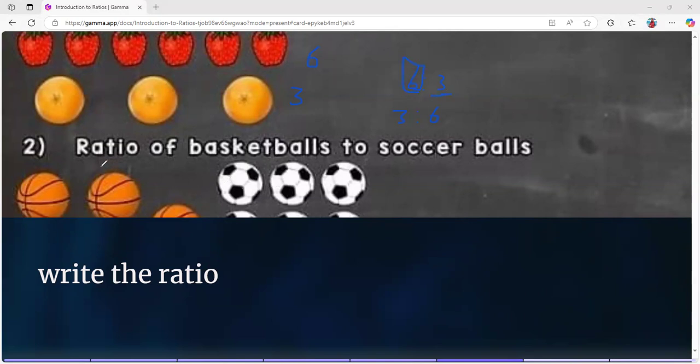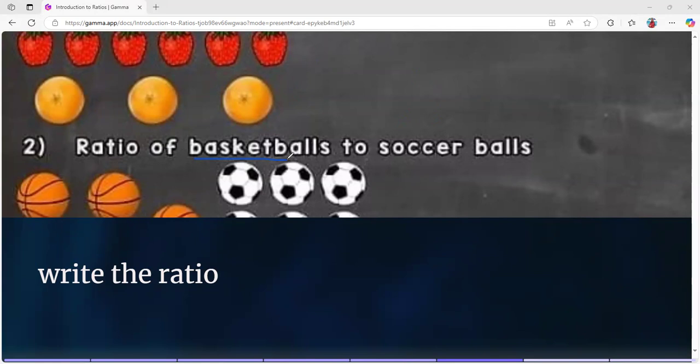Now, look at picture number 2. In picture number 2, there were 3 basketballs and 1, 2, 3, 4, 5, 6 soccer balls. Okay, now can you give me the ratio of basketballs to soccer balls? First, we will count the basketballs. How many basketballs do we have here?